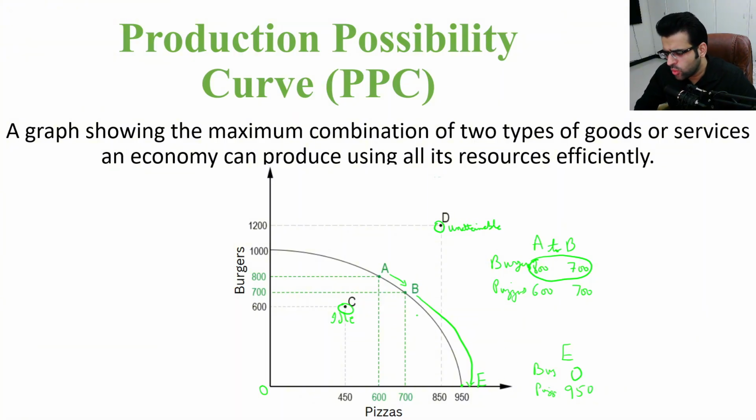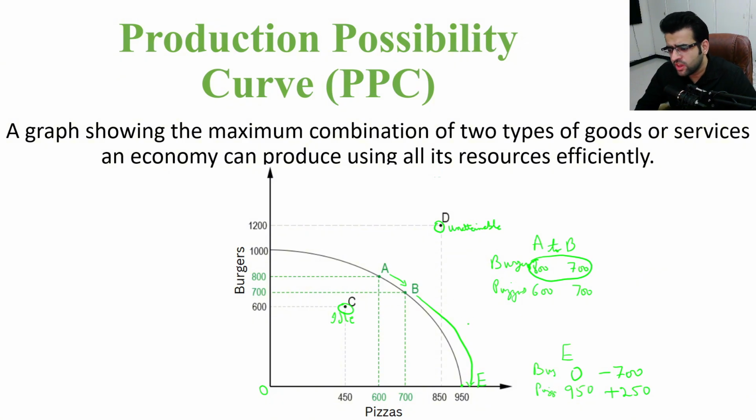In order to get only 250 more pizzas from point B to E, how many burgers did we give up? We gave up 700 burgers. This shows the concept of increasing opportunity cost.